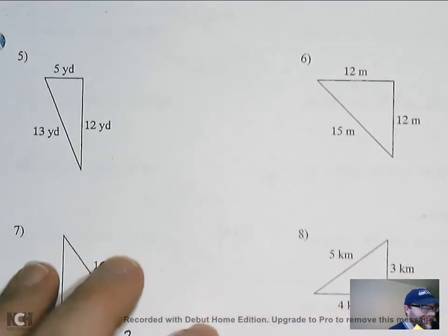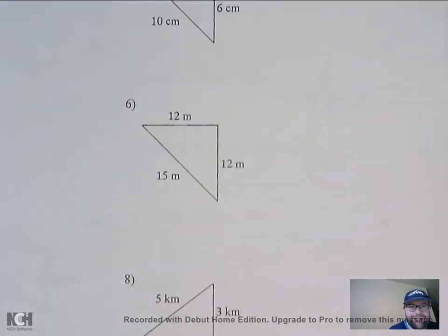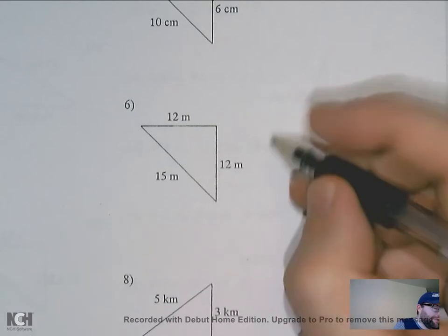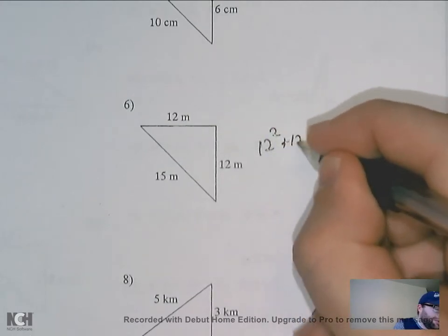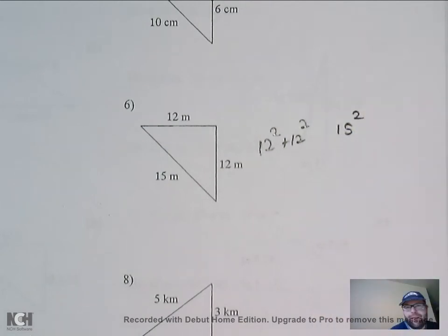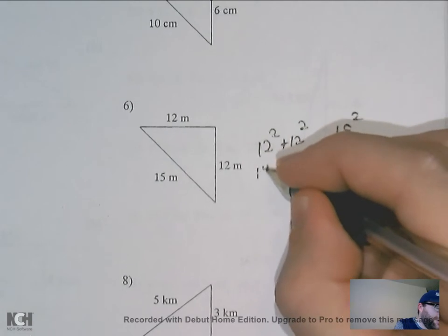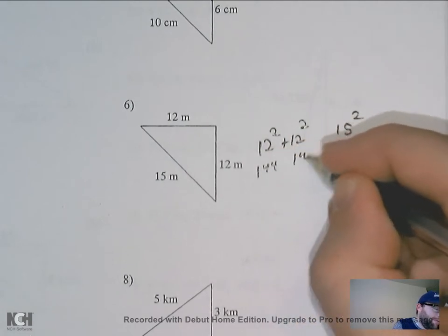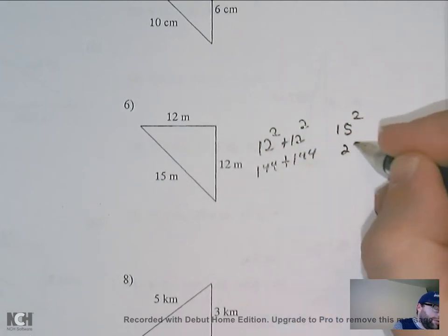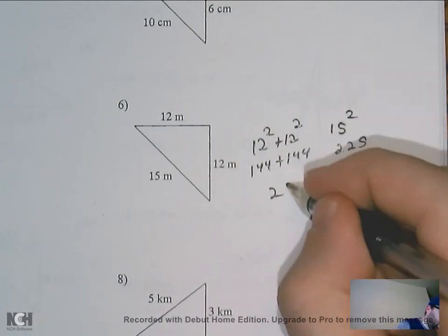All right, let's do one more. Let's look at number 6. So this one, I have 12 and 12, so 12 squared plus 12 squared is maybe equal to 15 squared. Let's check it out. So 12 squared is 144, 15 squared is 225. 144 plus 144 is 288.